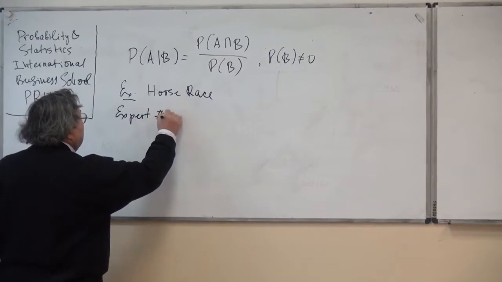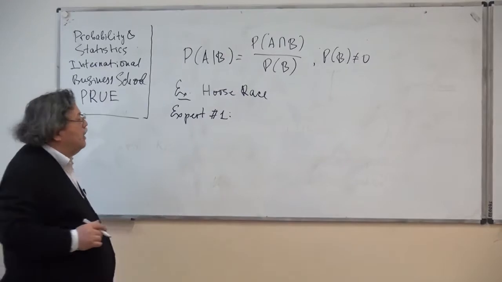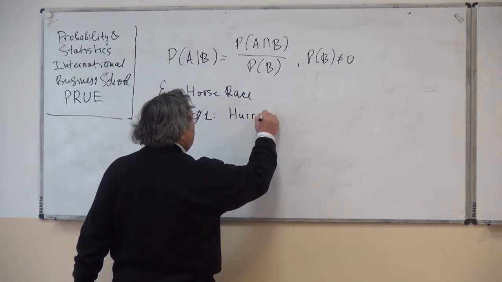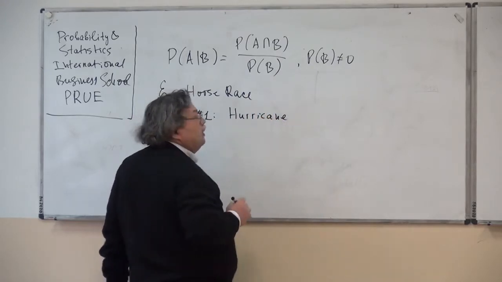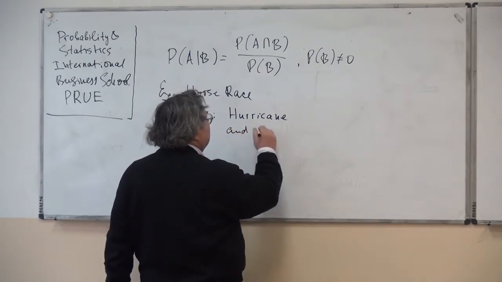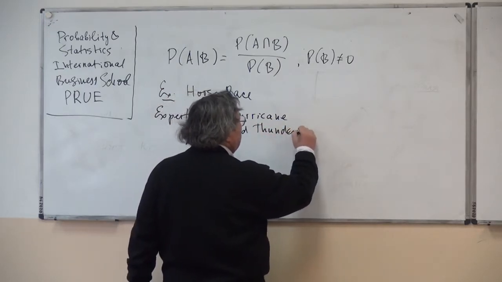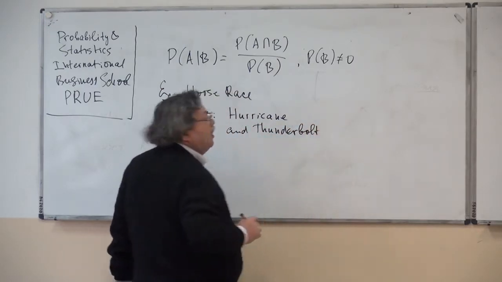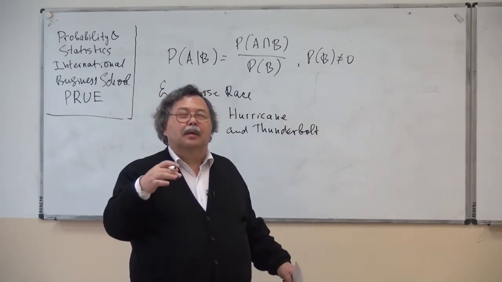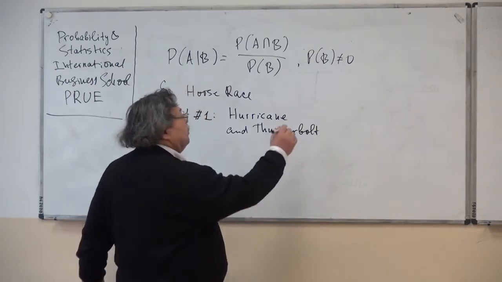Expert number 1 says that the horse named Hurricane and the horse named Thunderbolt will be the first two to come in with probability 0.8.